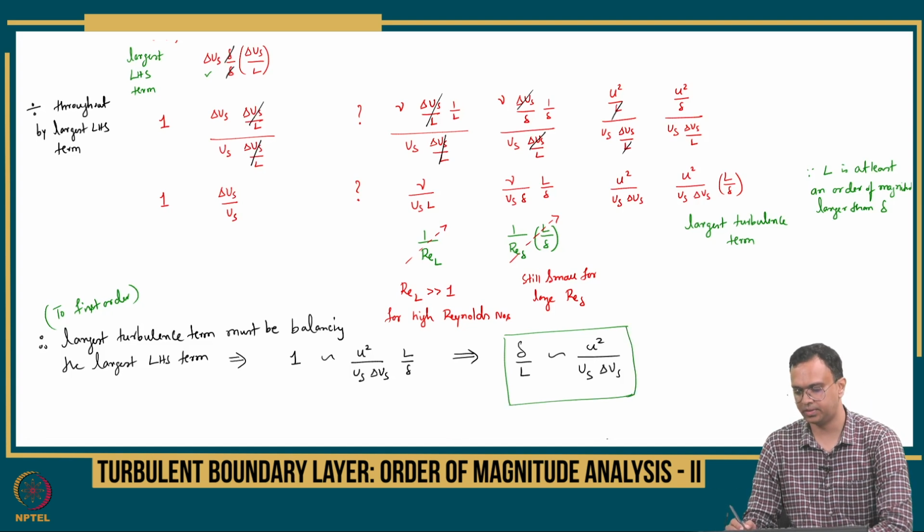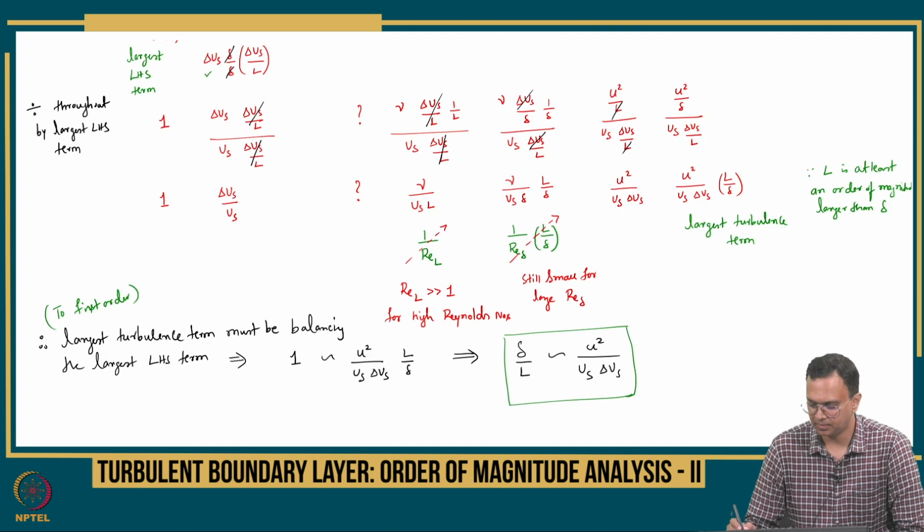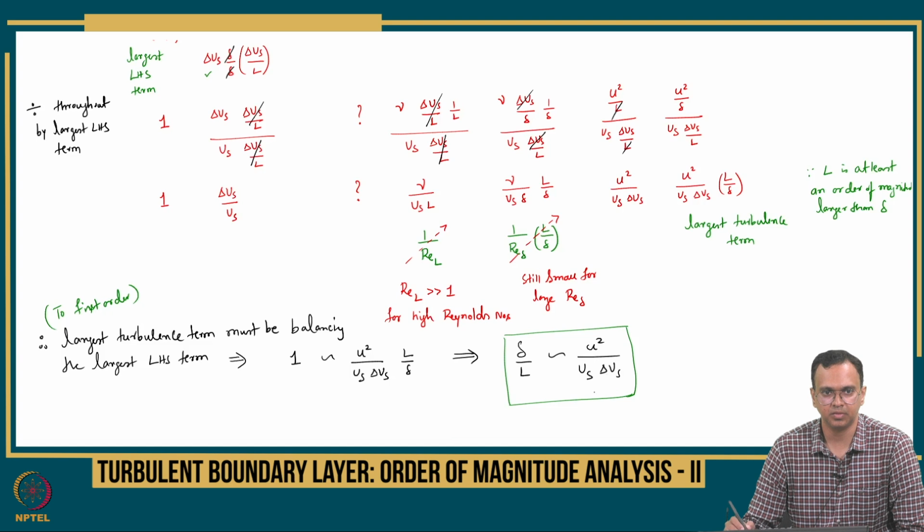So to first order we have an expression here in the equation. Of course we have not let the pressure participate here. I'll tell you why. But in this, is there something to learn from this equation? Delta by L is of the same order of magnitude as u square by Us delta Us.